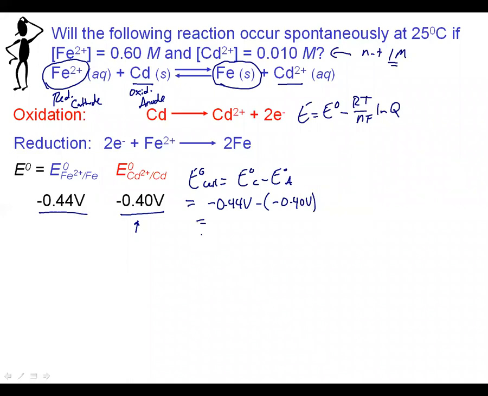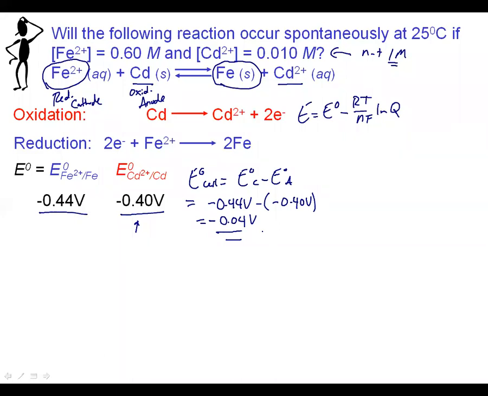And that will give us an E of the cell under standard conditions of negative 0.04. So under standard conditions, where everything is 1 molar, 1 atmosphere, 25 degrees, this reaction is non-spontaneous, right? It has a negative value for E.